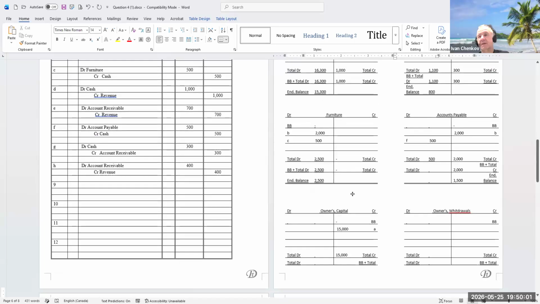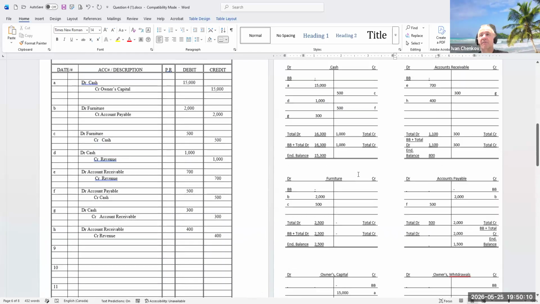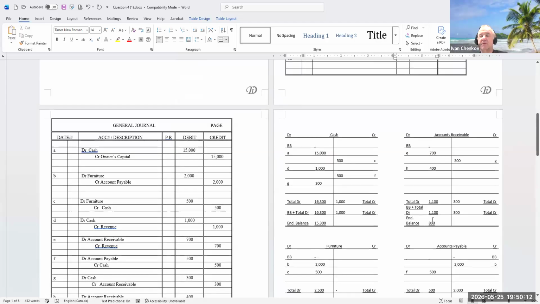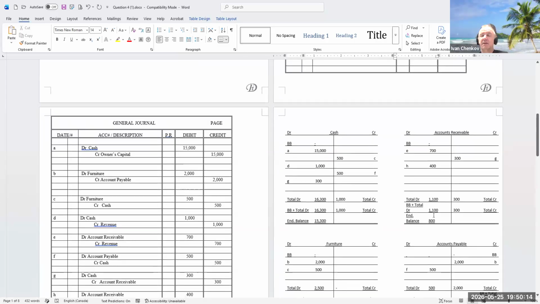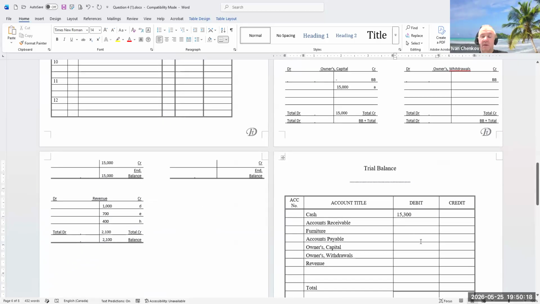Our balance is $15,300 debit. Accounts receivables. Do we have anything in accounts receivables? Yes, the client still owes $800, so we can easily record the accounts receivable, $800. So what I'm gonna do here is put them this way, so it can be at least properly numbered.